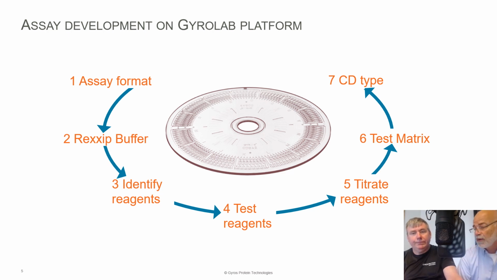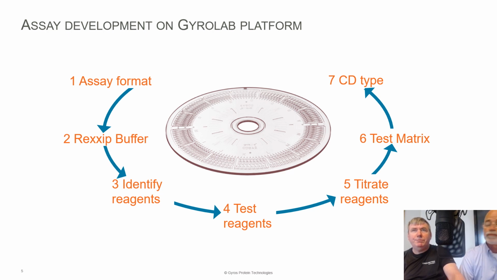And so we'll walk you through how to pick the right assay format, what buffers to use, and on the CD that's a bit more challenging simply because the buffers can have an impact on how the assay performs on the CD. We also will want to identify the right reagents, test those reagents, titrate your capture and detect as an example, and then test different matrices to make sure that you have an assay that works the best for the particular CD type that you're working with.